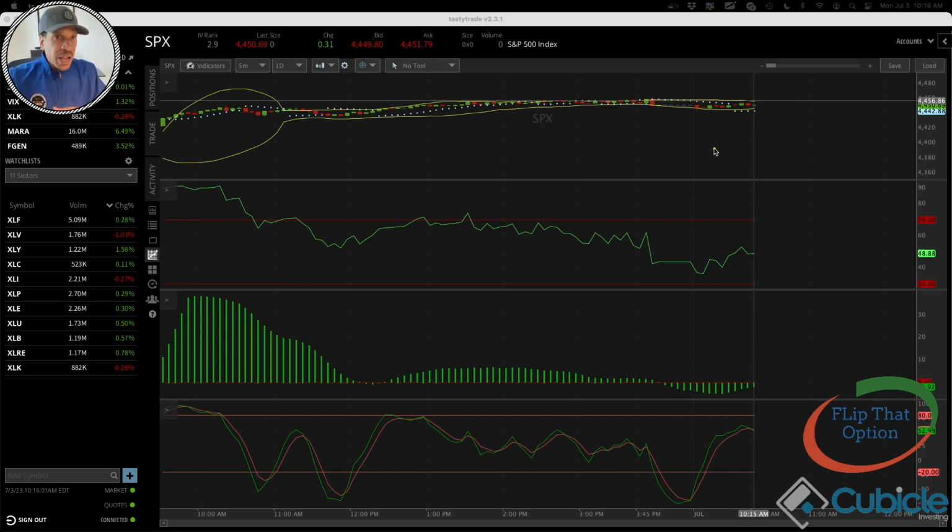So you get these really volatile moves, if you will, because the folks who run these institutions that provide the liquidity are actually on vacation. I don't know how true that is, but nevertheless, the SPX looks like it's going to be moving sideways pretty much the entire abbreviated trading session today.